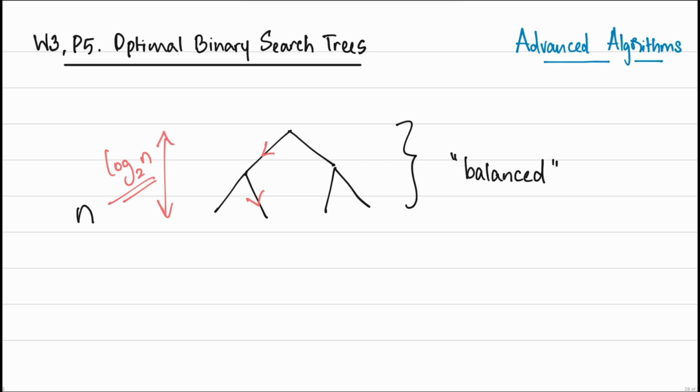But now we are in a slightly different situation where we have a set of keys and we also have a set of frequencies that are associated with those keys. So let me make this explicit here.